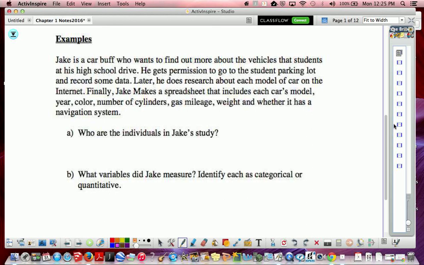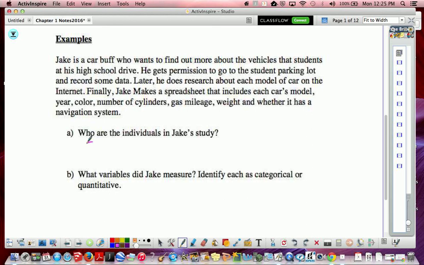So in question A, it says, who are the individuals in Jake's study? Now, you want to be specific and yet be descriptive. So saying cars is not enough. Where are these cars located? What cars fall into this particular group?